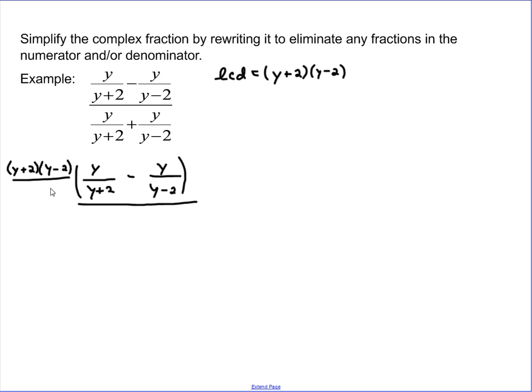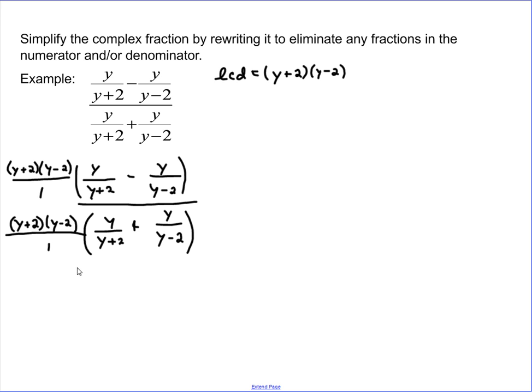And remember, this is over 1. So I'm going to do the same thing in my denominator, y plus 2 and y minus 2, my least common denominator, times the quantity in the denominator, which is y over y plus 2 plus y over y minus 2.